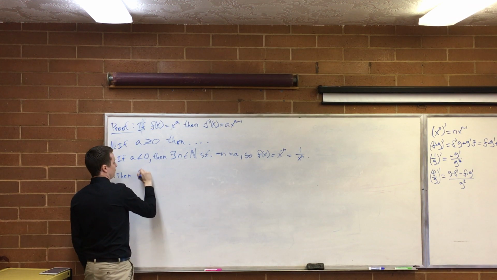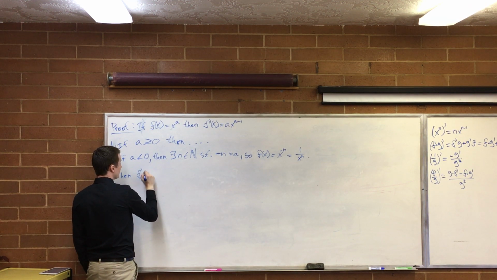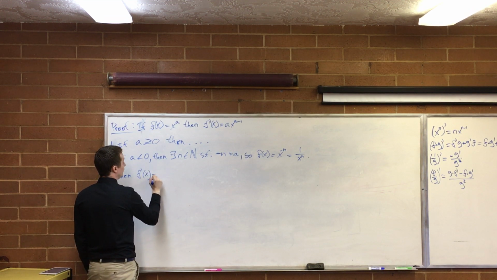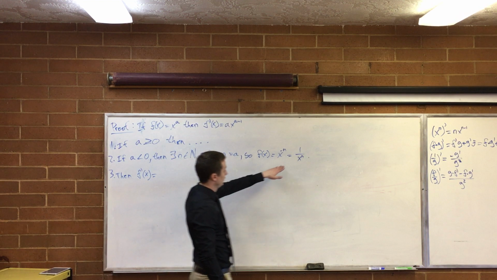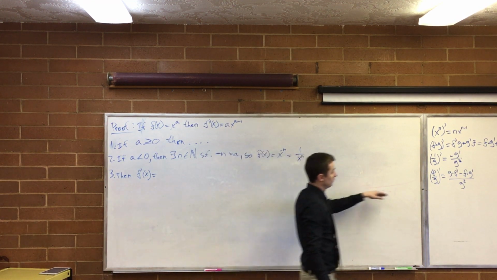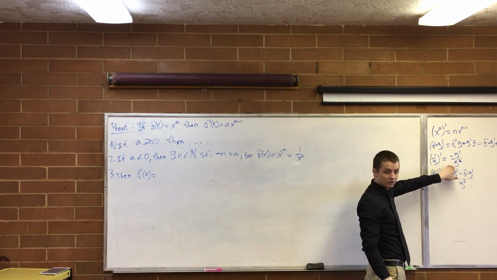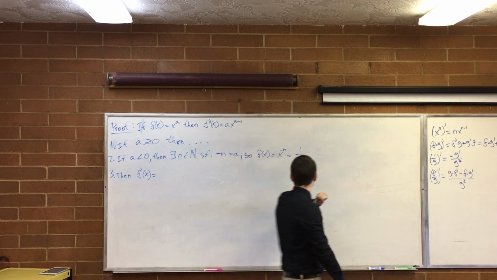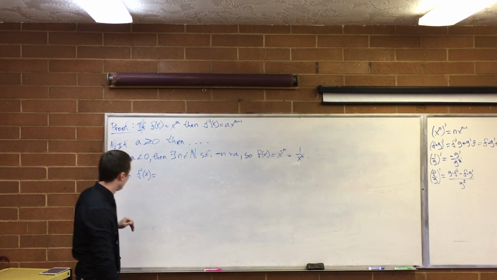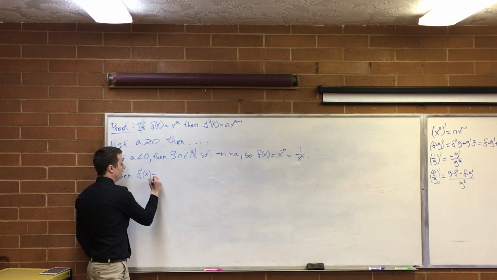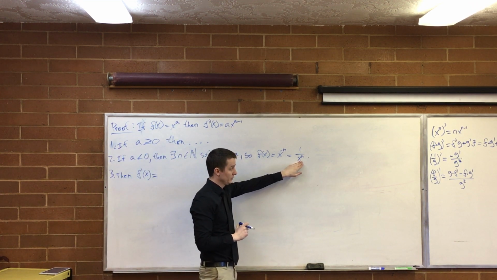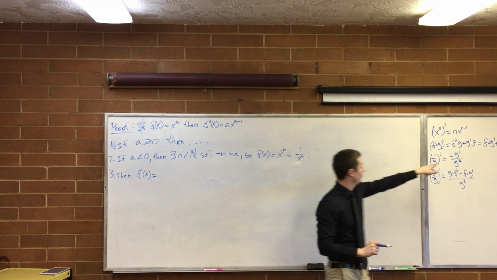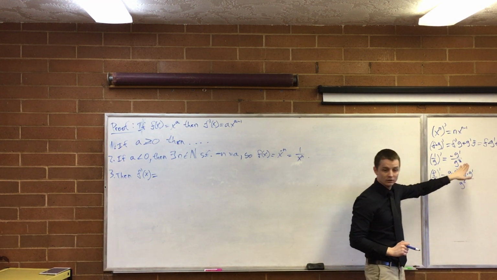Then f prime of x is going to be equal to, how do we take the derivative of this? The derivative of 1 over a function is equal to negative the derivative of the function over the function squared.